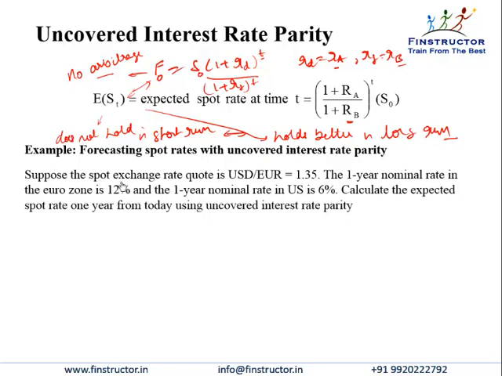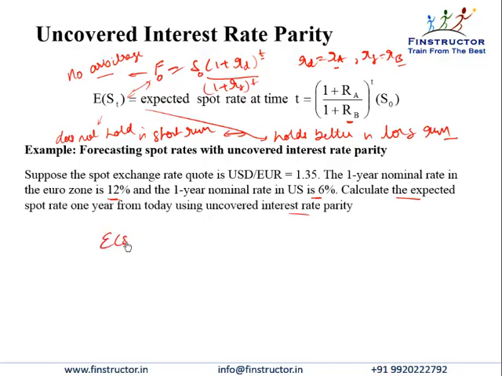Suppose that the spot exchange rate is 1.35 USD per euro. The 1 year nominal rate in the eurozone is 12%, and the 1 year nominal rate in the US is 6%. Calculate the expected spot rate 1 year from today using the uncovered interest rate parity.